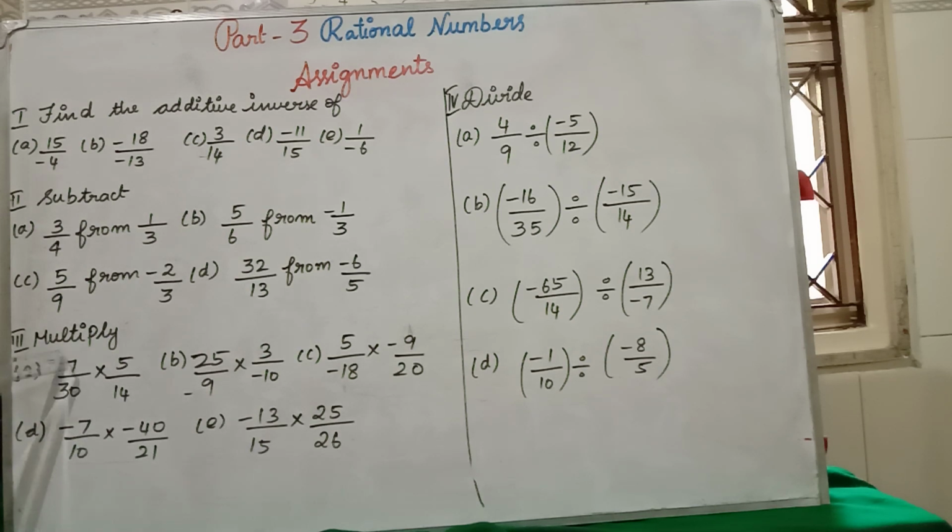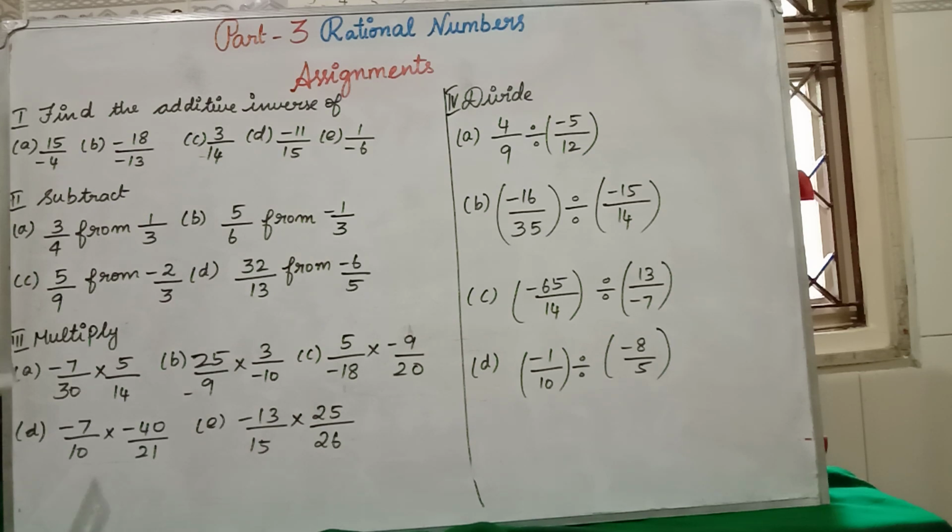Okay, now if you see the multiplication. Multiply means what? Product of two numbers is equal to product of the numerators divided by the product of the denominators. After writing that, you can see if anything is getting cancelled. If anything is getting cancelled, you can cancel and write the final answer.